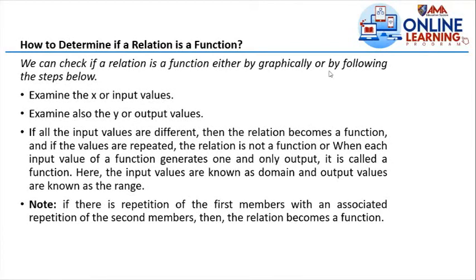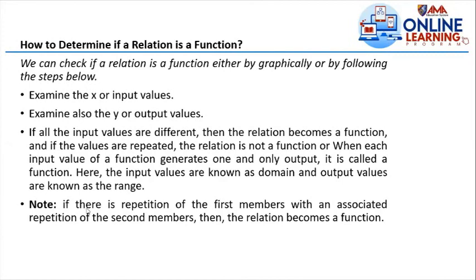Ayan, so yun yung nangyari kanina sa -5. Or when each input value of a function generates one and only output, it is called a function. So here, the input values are known as domain and output values are known as the range. So yun lang talaga ang titignan natin, si input. So dapat kasi itong si input, dapat unique.